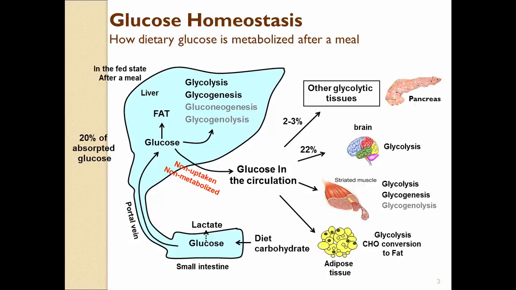The first response after a meal is insulin release. When blood glucose level rises, glucose goes into the beta cell and triggers insulin release.